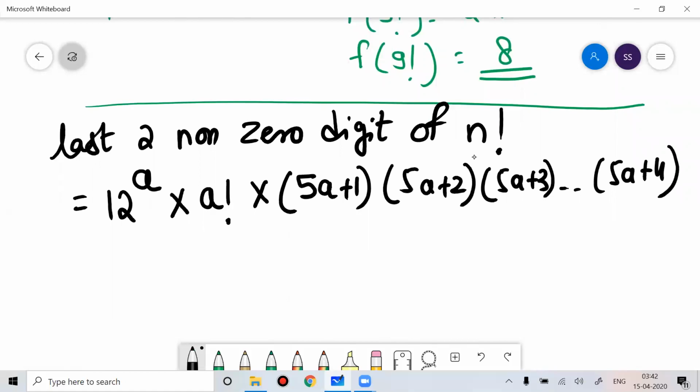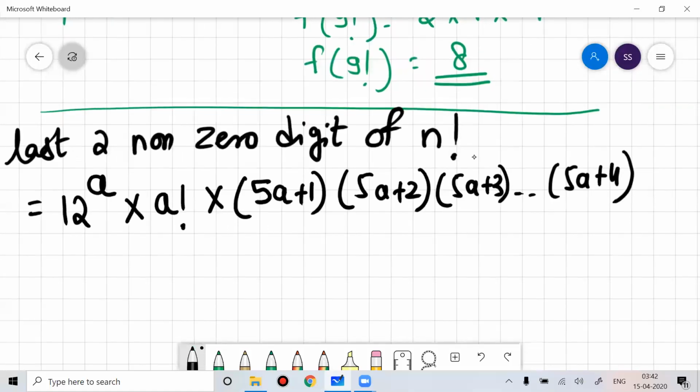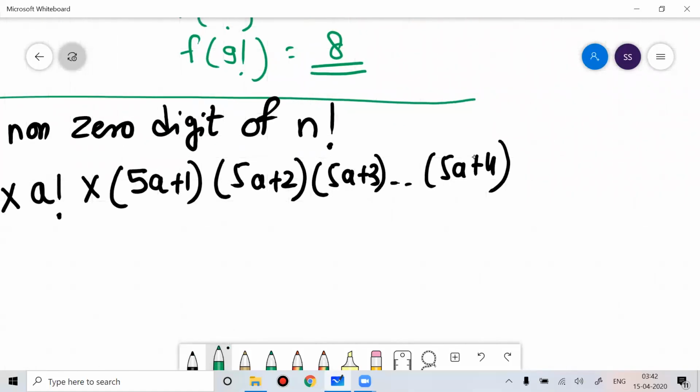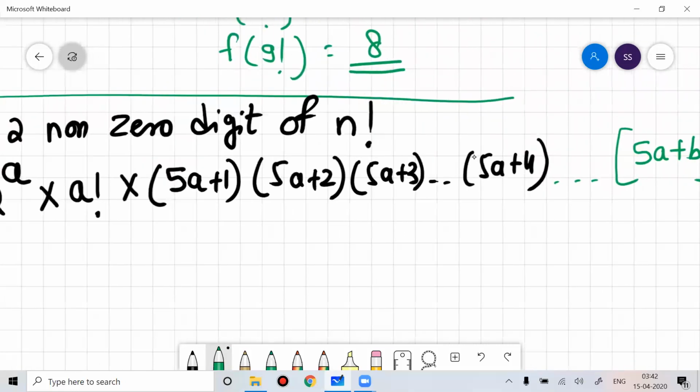Ideally, you are representing them in the form of 5a plus b, so this 1, 2, 3, 4 depends upon the remainder.